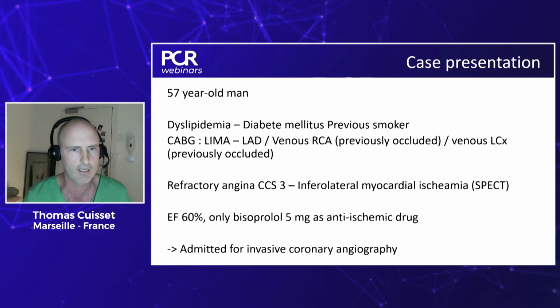And that's really the case in most of the candidates we have, meaning he had CABG already, he had PCI, but in spite of that, he came back to our institution with refractory angina with clear evidence of ischemia on the non-invasive testing. He has a good LV function, and he has as anti-ischemic drugs only, let's say, not a low dose, but not an optimal dose of bisoprolol.